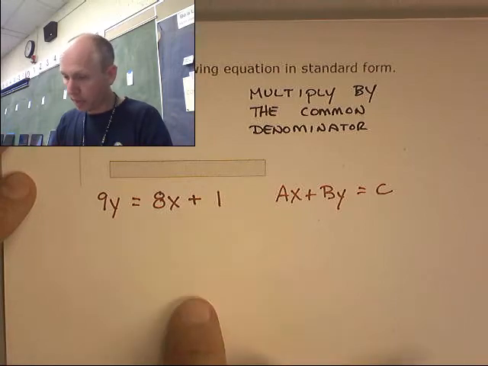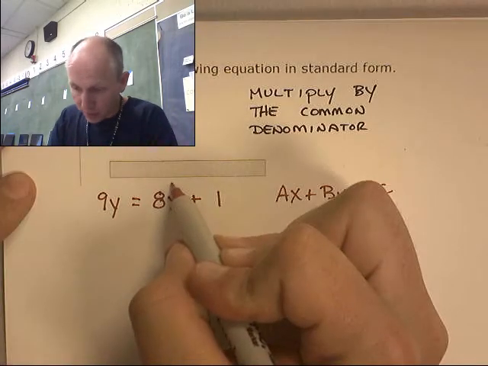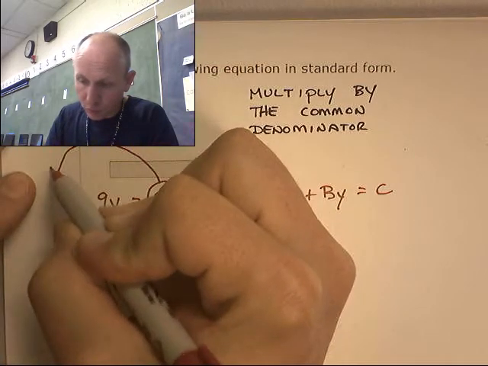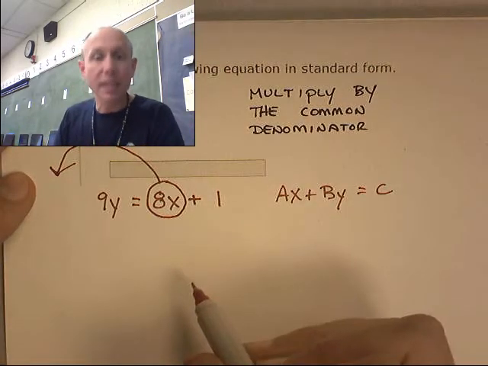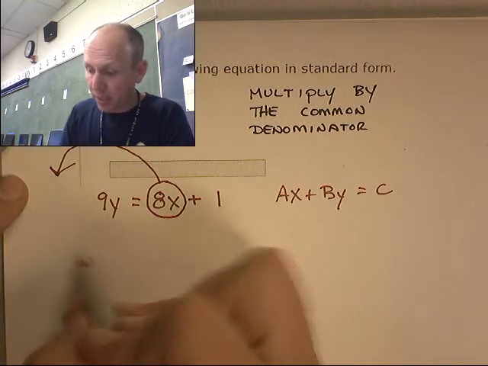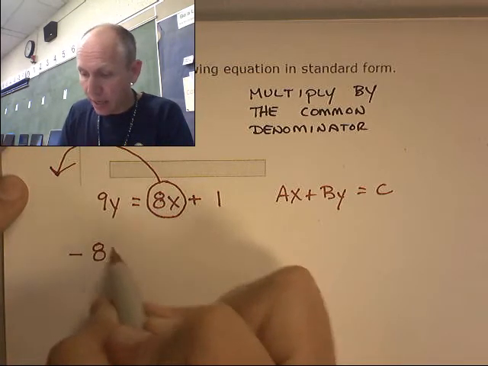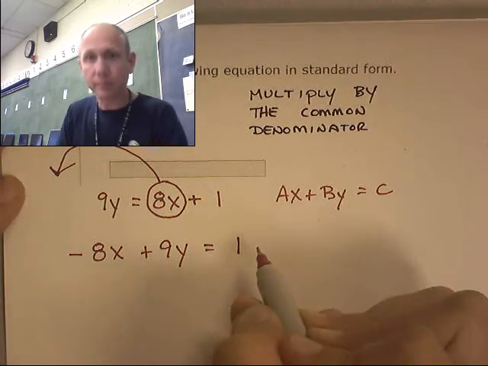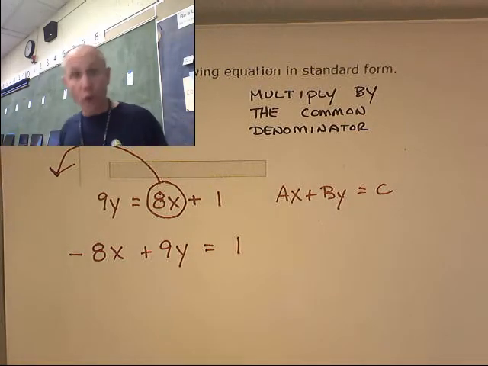So who's in the wrong spot? This guy's in the wrong spot. I'm going to pick him up, drop him in the right spot. He's going to hit his head and become a negative 8x plus 9y equals 1. What's wrong with this?